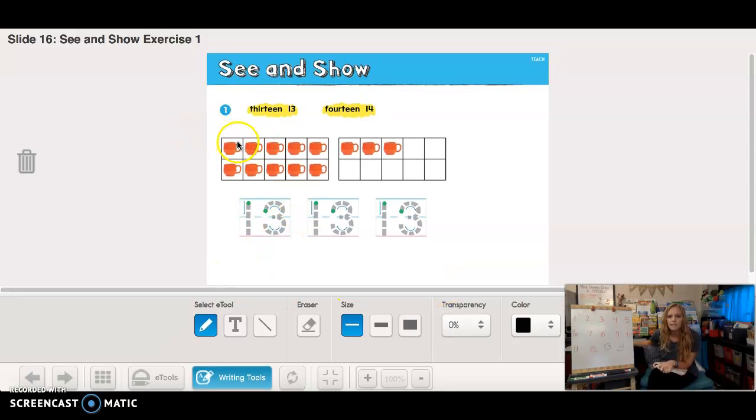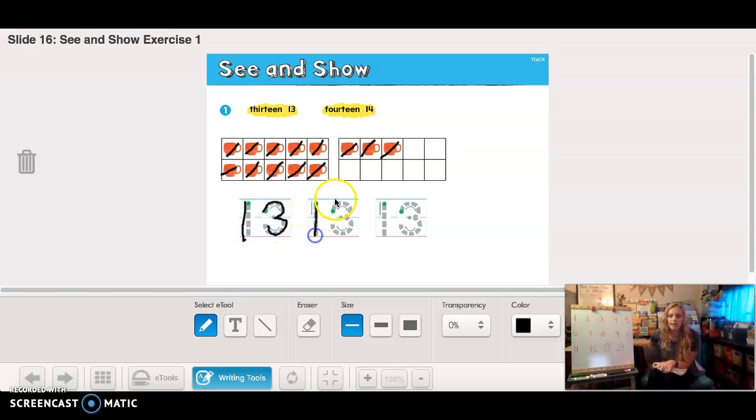Let's see how many we've got. 1, 2, 3, 4, 5, 6, 7, 8, 9, 10, 11, 12, 13. 13 mugs, so we're tracing the number 13 down here 3 times. Remember, a 1 in front of that 3 makes it 13.